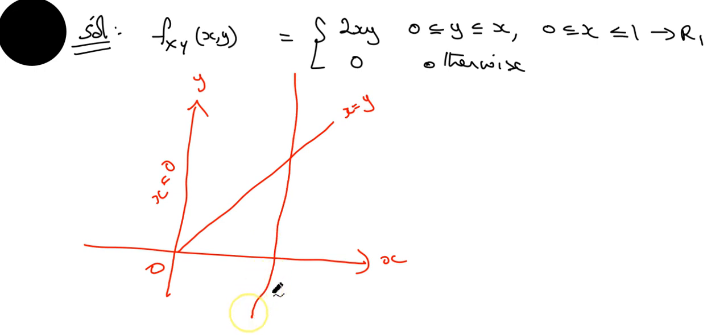And you have x equal to 1, which is a line parallel to your y-axis passing through the point 1 comma 0 and intercepting the line x equal to y at the point 1 comma 1. So our region R1 is this shaded region between these lines. It's a triangular region lying in the first quadrant.